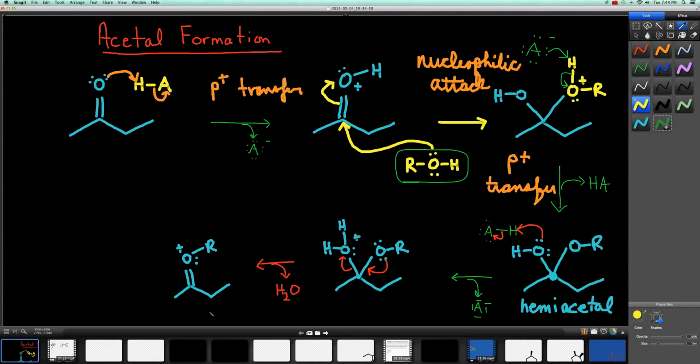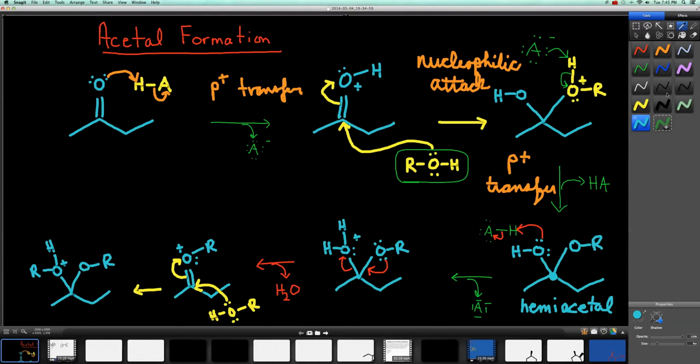As you might expect, now the second alcohol will attack. And now my carbonyl carbon, or what used to be my carbonyl carbon, is a diether. Now we're not quite done yet because one of these oxygens is still protonated.